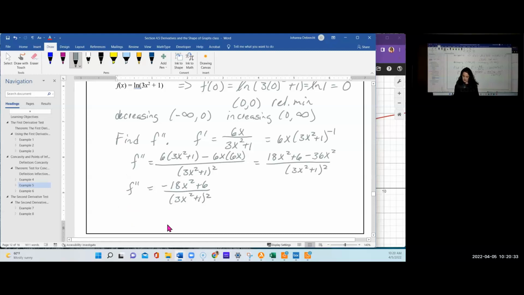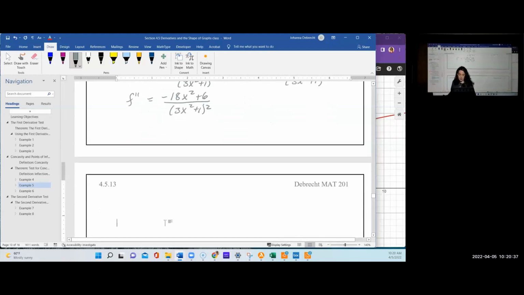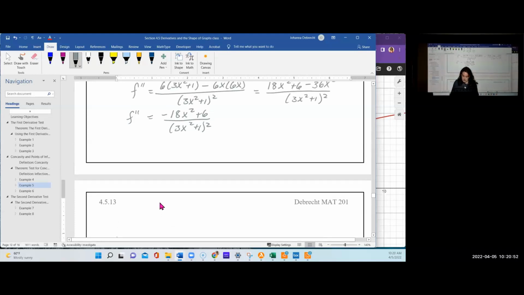Now that we have the second derivative, we want to go ahead and find out where the critical values are. So when we're looking at the critical values, we need to go ahead and see where the second derivative is either 0 or the second derivative does not exist, but the first derivative does exist.